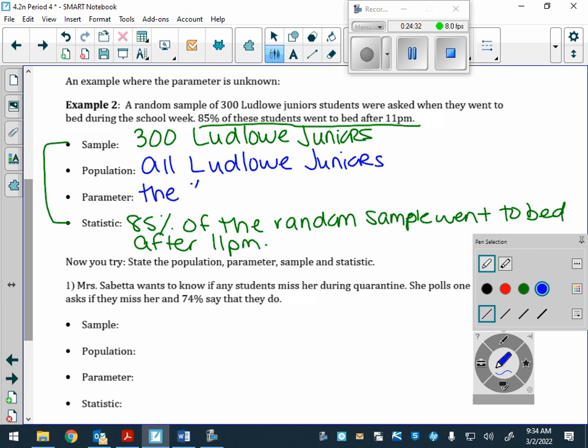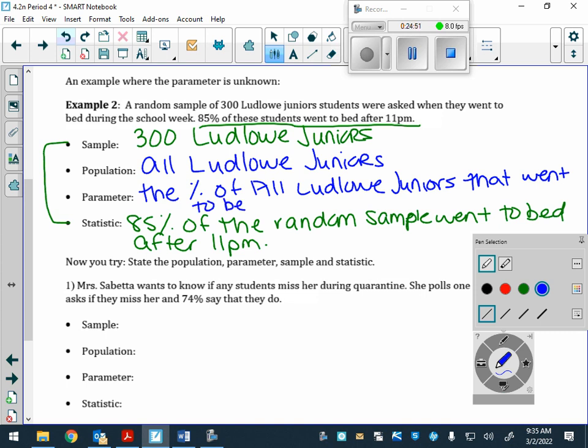The percent of all, one idea would be the percent of all Ludlow juniors that went to bed after 11 p.m.